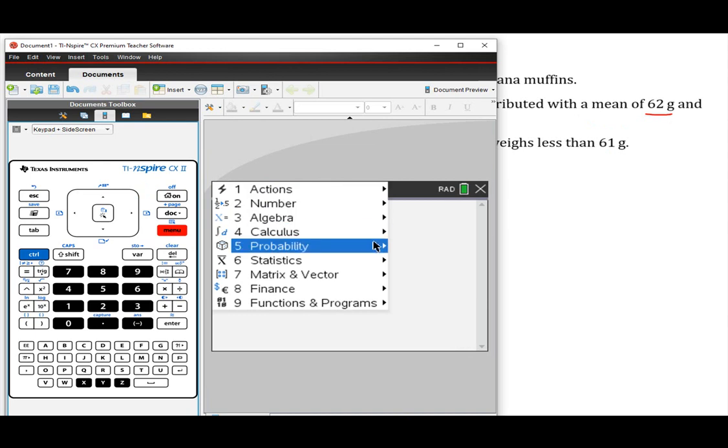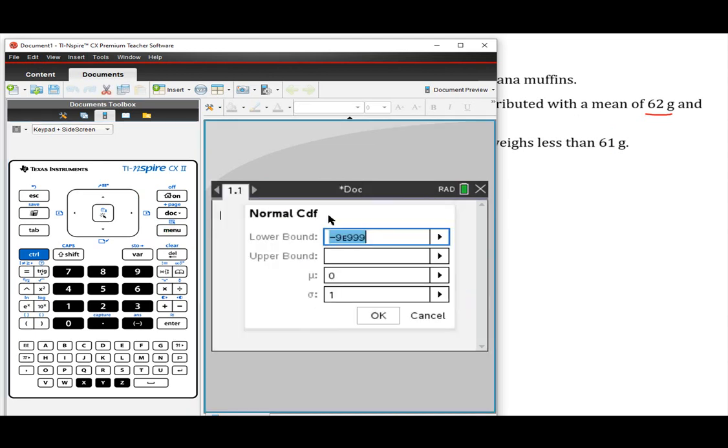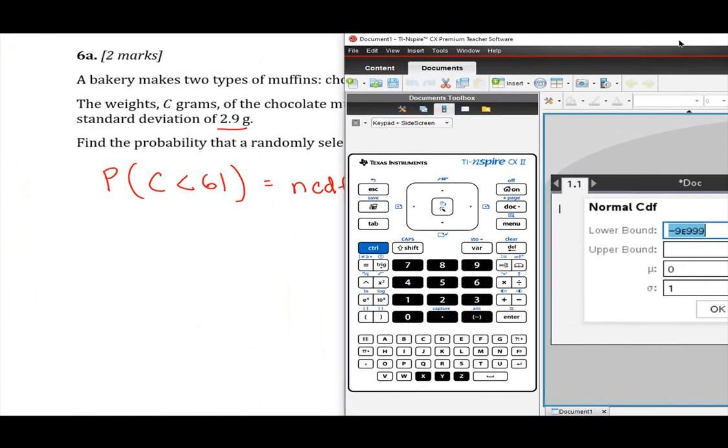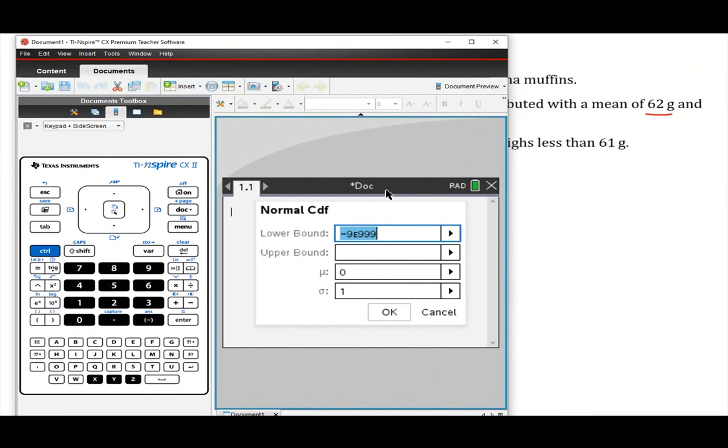So menu, probability distributions, normal CDF. Now we're trying to find the probability that C is less than 61. So we can go ahead and leave the lower bound the way it is, and the upper bound, the highest it will be, we have it at 61.